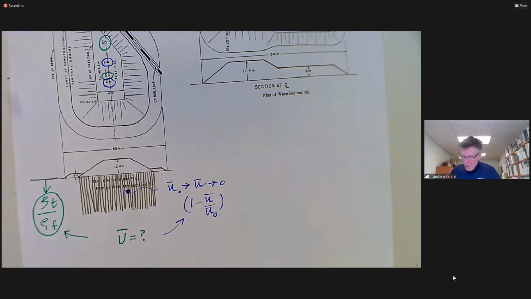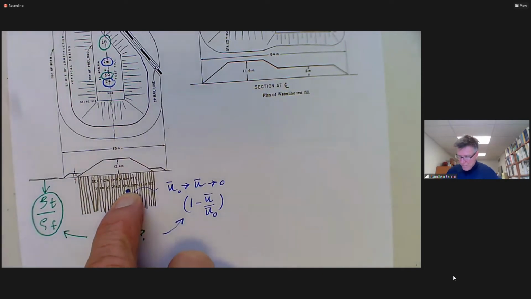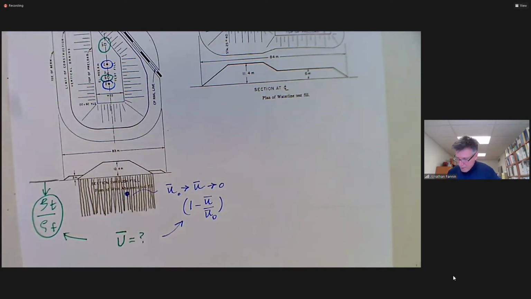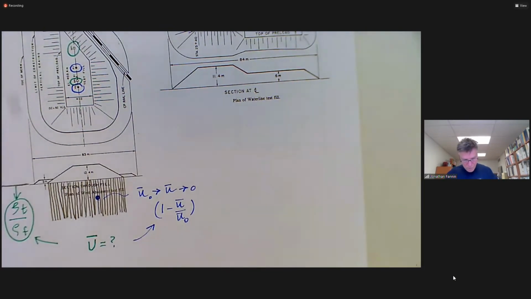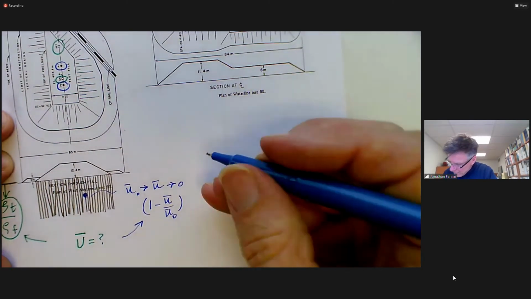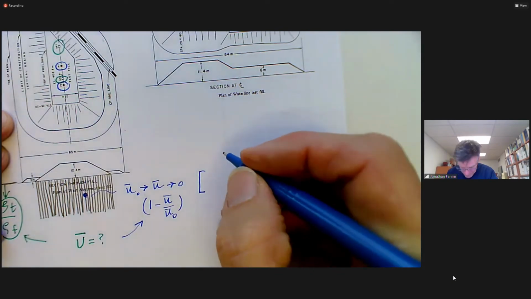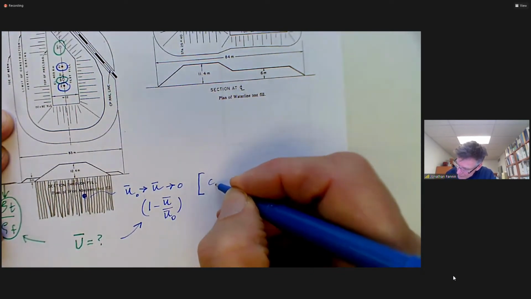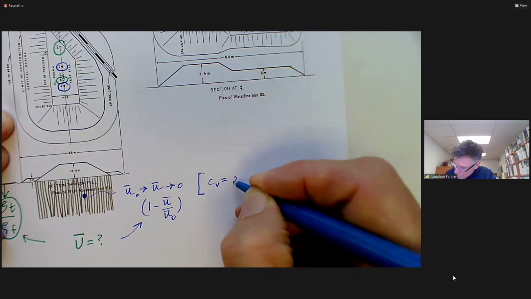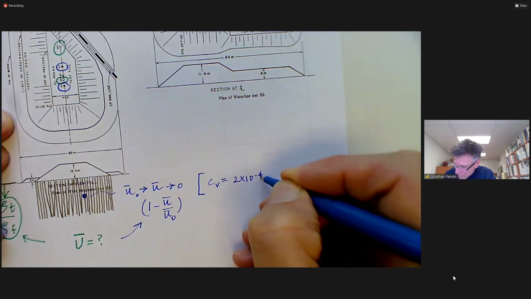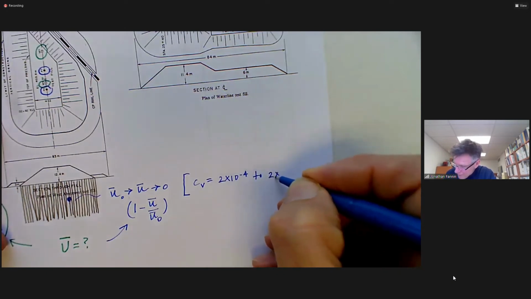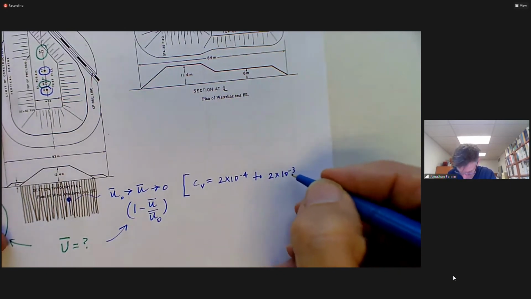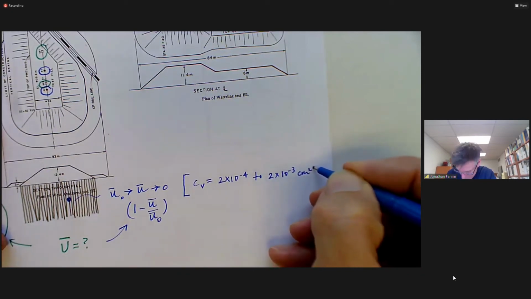Okay. And we have some lab test data for the foundation soil. Lab testing established that c_v was in the range 2×10^-4 to 2×10^-3 centimeters squared per second.